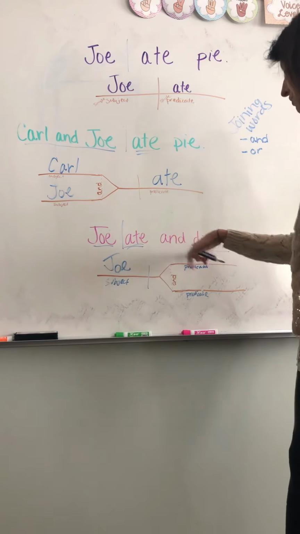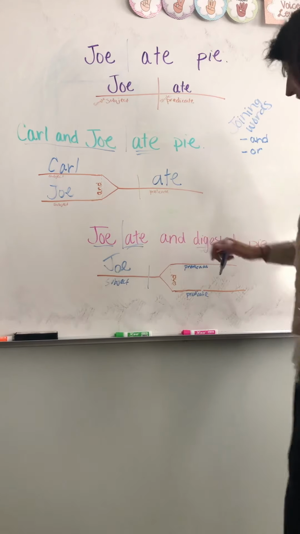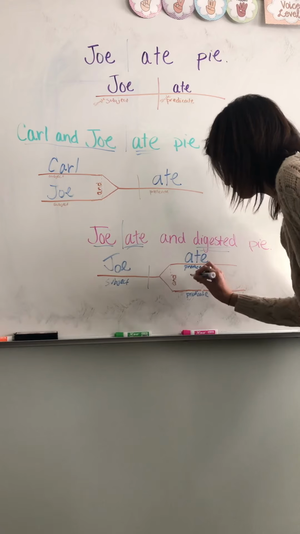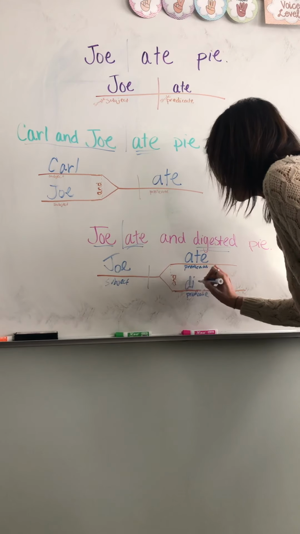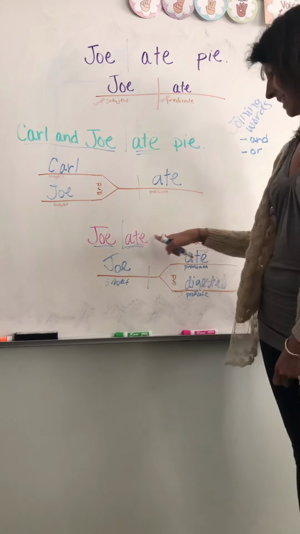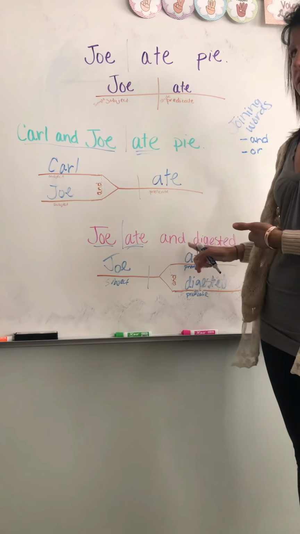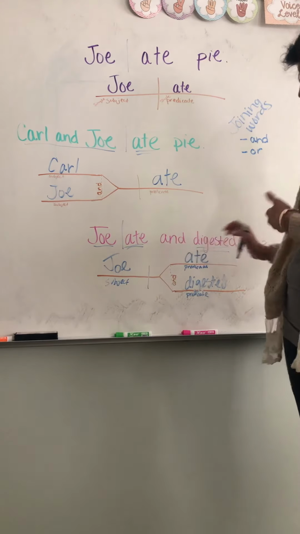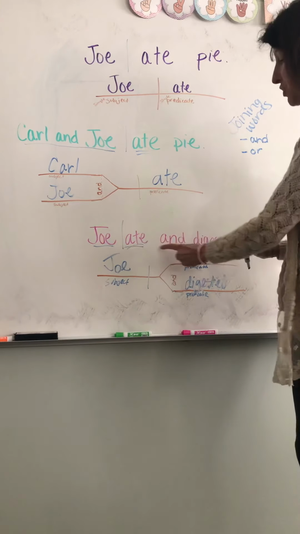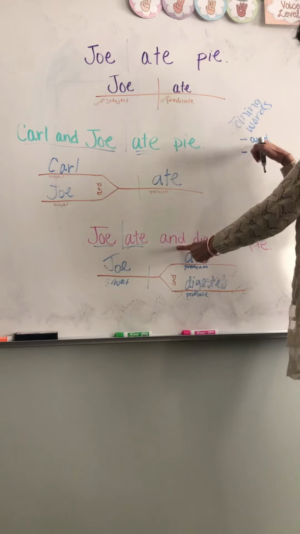So these are our two verbs, ate, digested. So those will go on our fork of a line over here, looks like a little fork in the road. Ate and digested. And if you notice again, since it didn't say ate or digested, it says ate and digested pie. So the two predicates, the two verbs are joined by and, so our joining word is and.